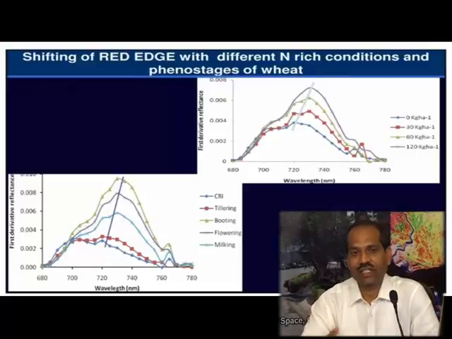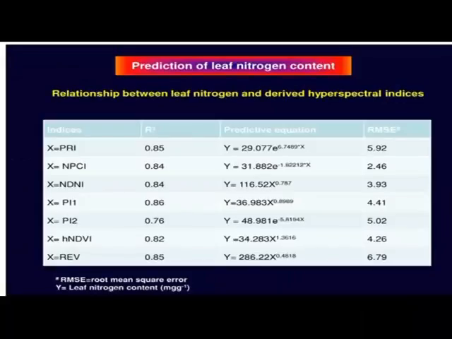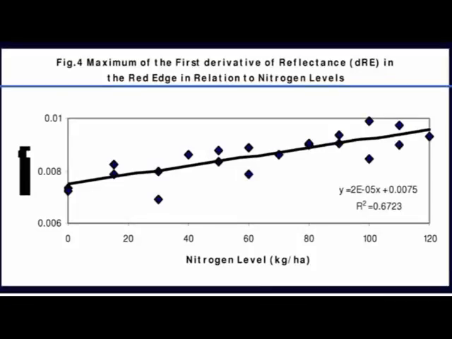Then different indices are compared with respect to the radius value. You can see here that with respect to leaf nitrogen content, good prediction equations were developed with R-square values above 0.8, and different indices look good for nitrogen estimation. I have already shown you the validated results of those. DRI is nothing but the radius value, the derivative of the change in reflectance with respect to the wavelength.